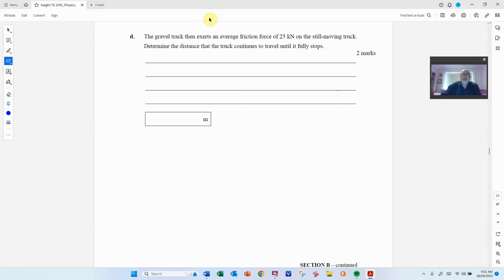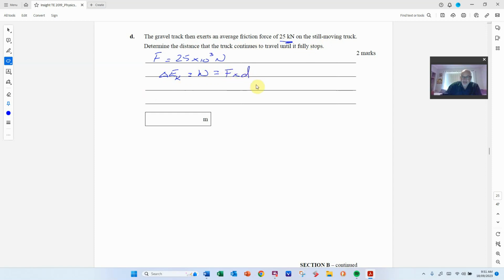The gravel track then exerts an average frictional force of 25,000 newtons, so F equals 25 by 10 to the power of 3 newtons, on the still moving truck. Determine the distance the truck continues to travel until it fully stops. Okay, well, we know that change in EK is equal to work done, which is equal to force by distance.